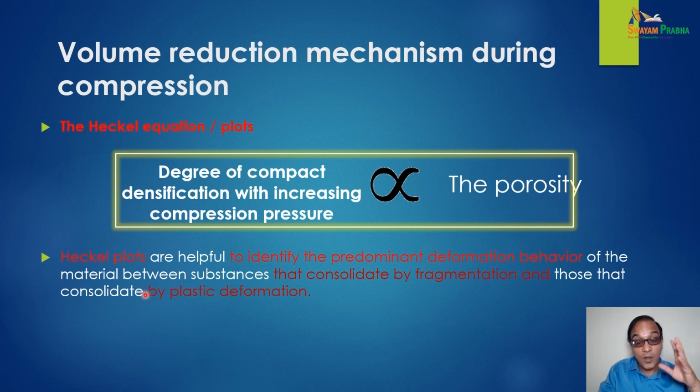Heckel plots are helpful in identifying the predominant deformation behavior of the material, between the substances that consolidate by fragmentation and those that consolidate by plastic deformation. So whether they are being consolidated by fragmentation or plastic deformation, Heckel plots identify the predominant deformation behavior. So it is very relevant. You must learn about the various Heckel plots. Okay.